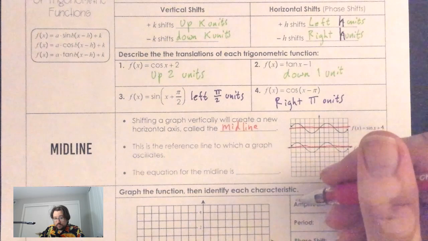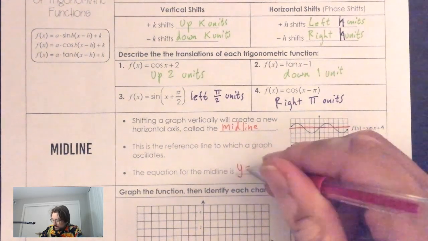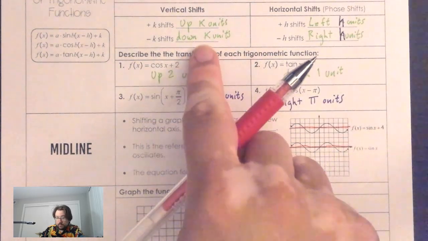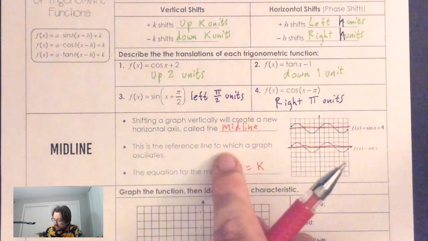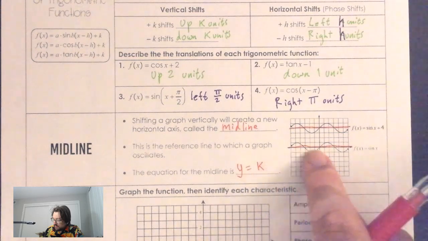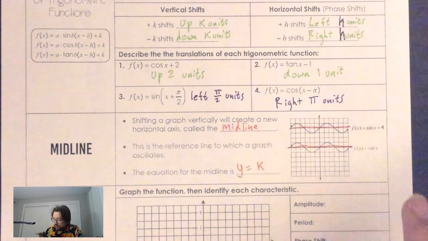So the equation for the midline is y equals k, where k is that shift from before. The midline is the reference line to which a graph oscillates. Here the midline is at 0, so it's oscillating around 0. Here the midline is at 4, so it's oscillating around 4.